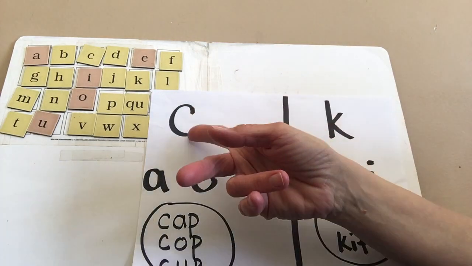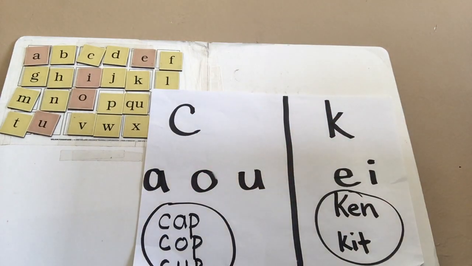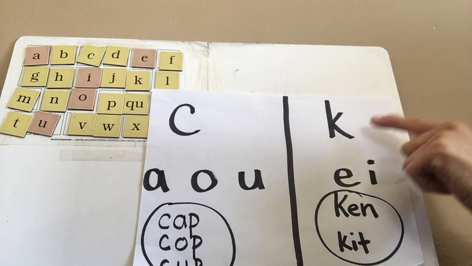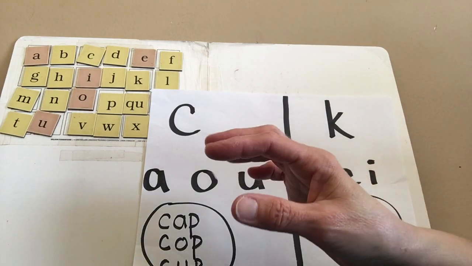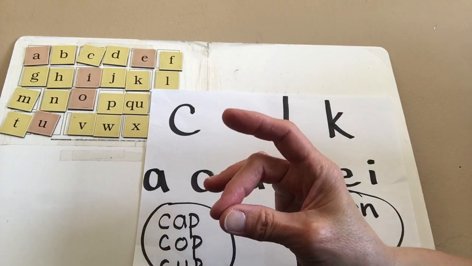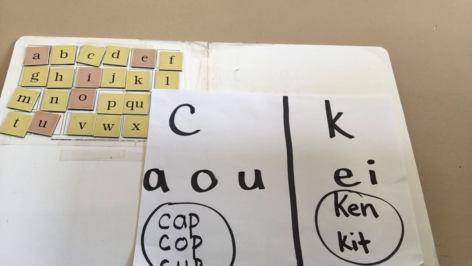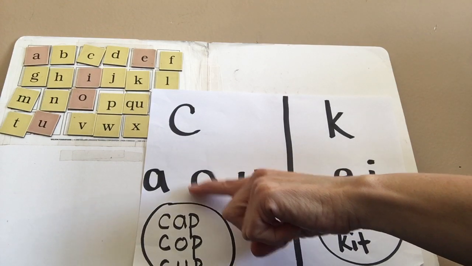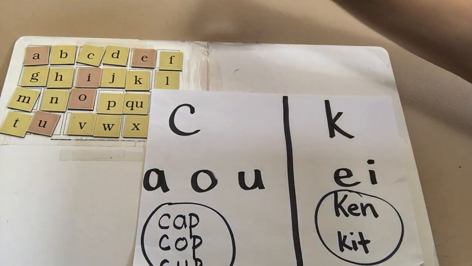It could be C or K. We need to listen for the vowel sound to figure out if we're going to begin it with a C or a K. Let's listen for that vowel sound. Ready, go. K, ah. What vowel is ah? Very good, boys and girls. It's short O. So that means cob begins with the letter C.